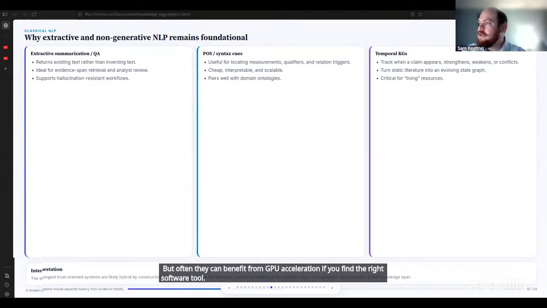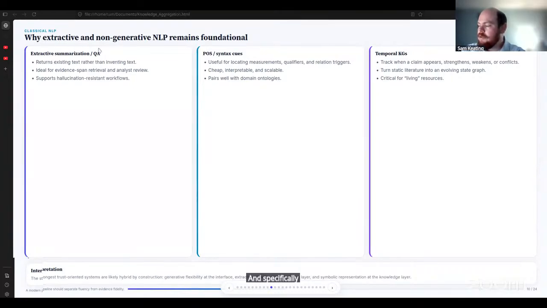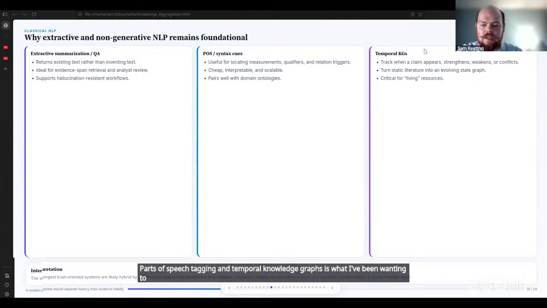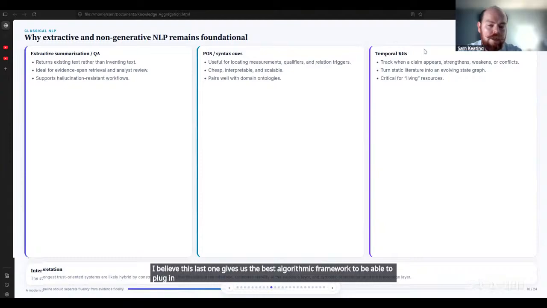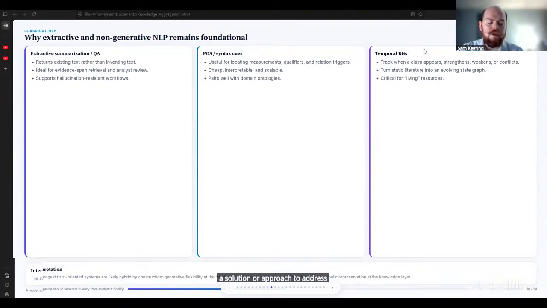And specifically, extractive summarization or extractive QA, parts of speech tagging, and temporal knowledge graphs is what I've been wanting to connect the dots to speak to, with a couple of the talking points I've already touched on. I believe this last one gives us the best algorithmic framework to be able to plug in a solution or approach to address how does everything we knew a decade ago plus 5 years ago prove what we know today?